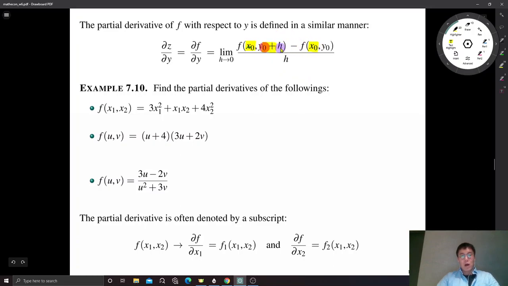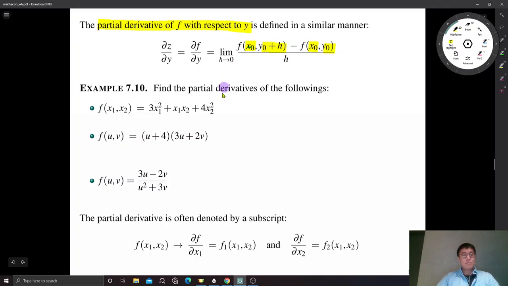We increase y by h, and the difference between these two measures a partial variation of the function f in response to a change in y. Then we divide it by the increment of y, that is h, and take the limit as h goes to 0, giving the instantaneous rate of change of the function in response to a change in y. That is the partial derivative of f with respect to y.